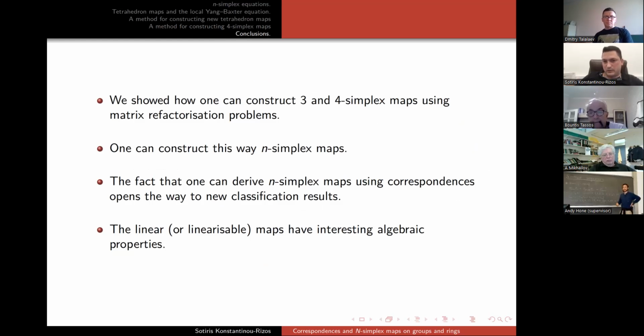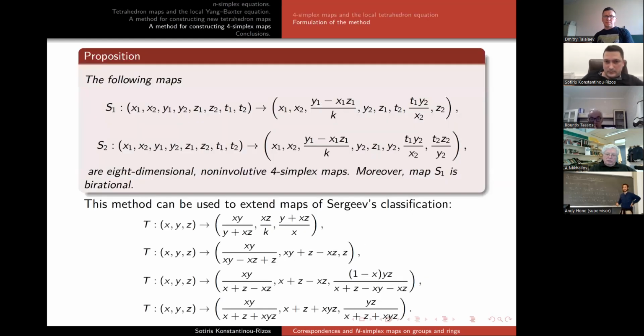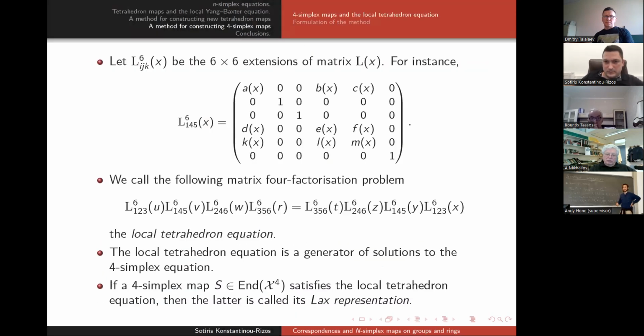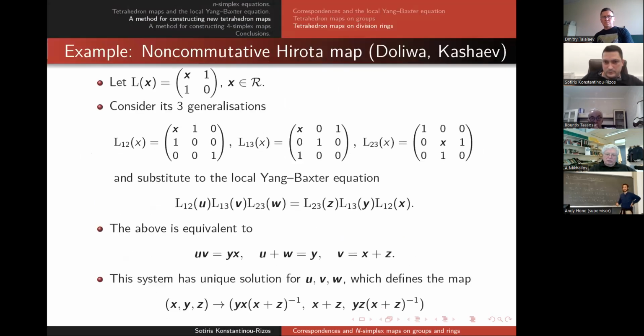We do have examples of N-simplex maps, not many, but we do have some, and also non-commutative ones on groups. Actually, for this map in the non-commutative case on groups generated by this matrix, let me show you.